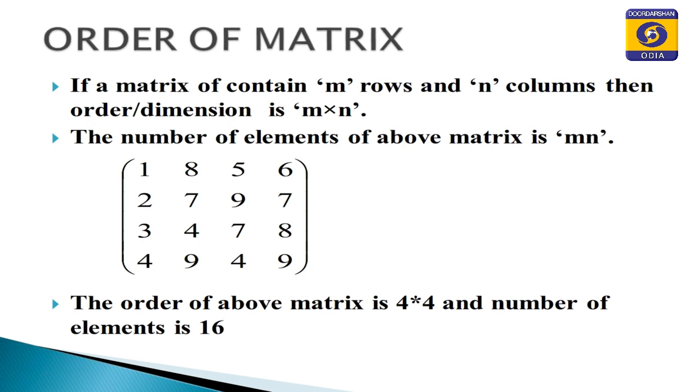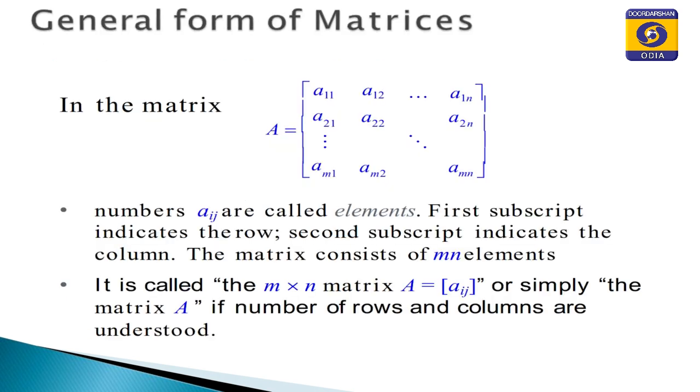Generally, rows are read from left to right and columns from top to bottom. In that case, the order of the above matrix is 4 cross 4 and the number of elements is 4 into 4, that is 16.